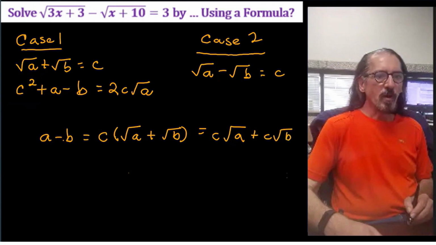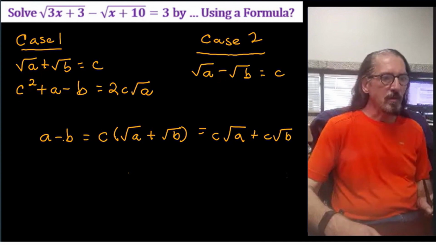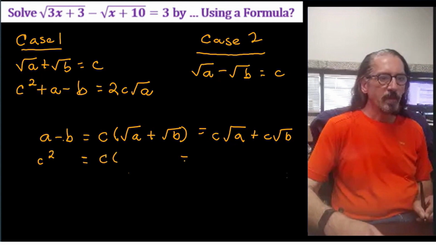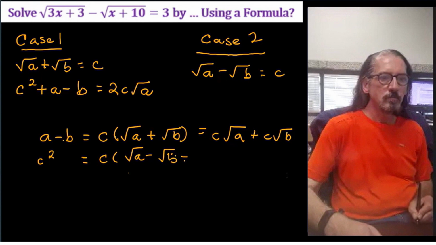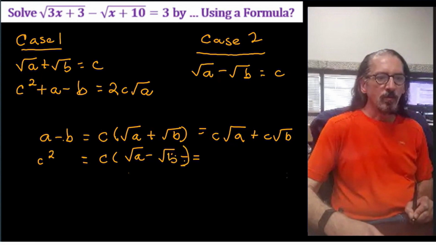But then when we multiply both sides by c, again, I'm switching the left-right order of the equal sign versus what we saw at the top right there. Distributing.